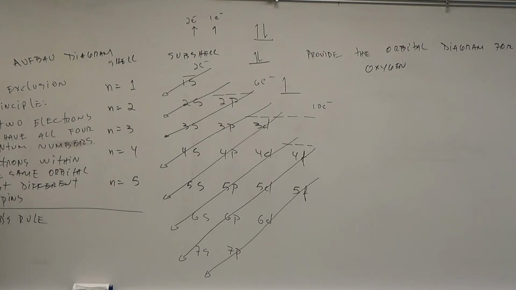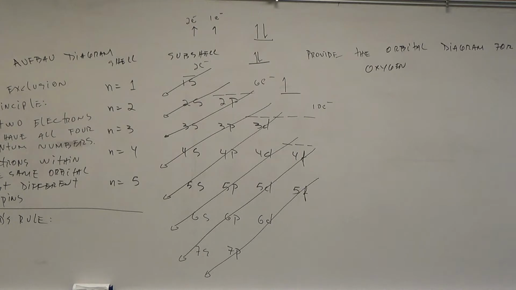Now, Hund's rule is with the D. And Hund's rule says, I don't know how to explain. That one's a tough one, yes? Hund's rule says, in a multi-orbital subshell, you are going to place, no, you listen before you write.